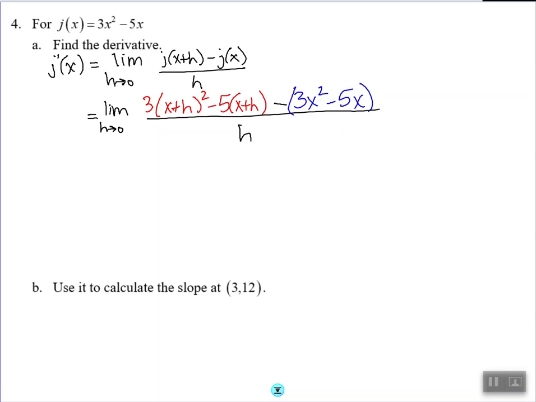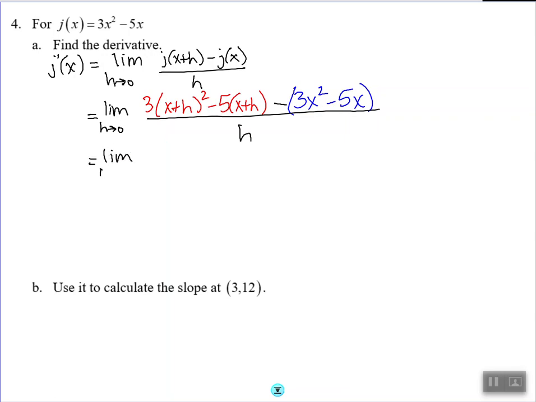I'm going to skip ahead a little bit in the algebra, but you do need to make sure that you square the binomial, then multiply everything by 3. You need to make sure you distribute the -5, and that you distribute the subtraction. I'm going to do all of that in one step. If it takes you more than one step, that is fine.